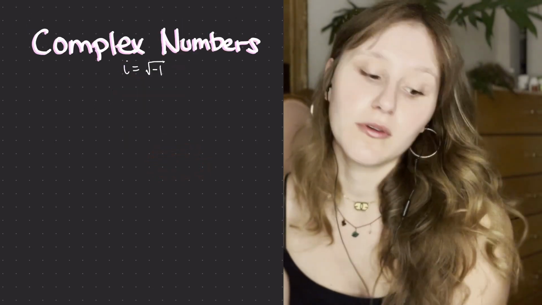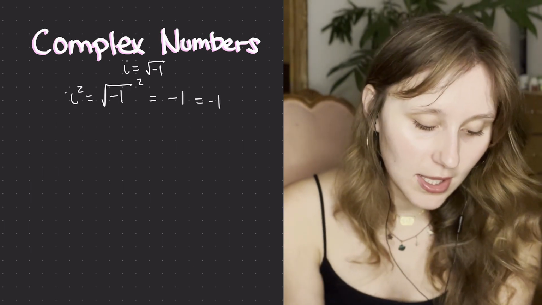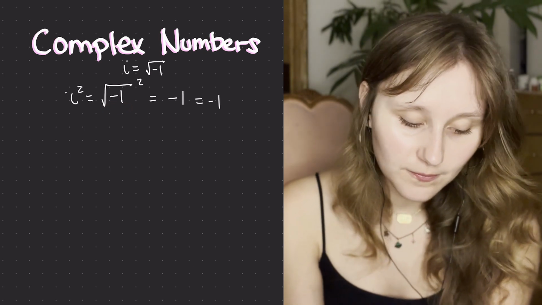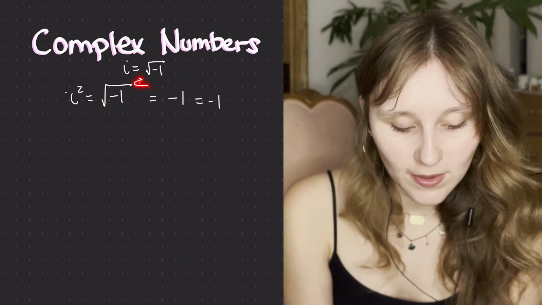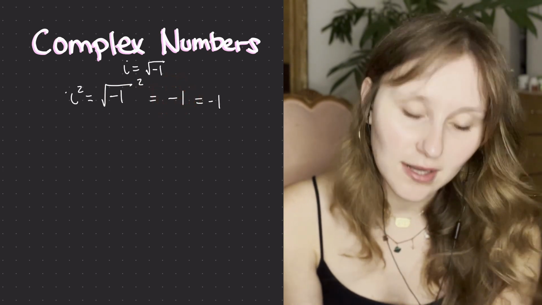What do we do if we multiply i by itself? i squared is going to be the square root of -1 squared. When you square a square root, you just get whatever's inside the square root. So i squared is -1.